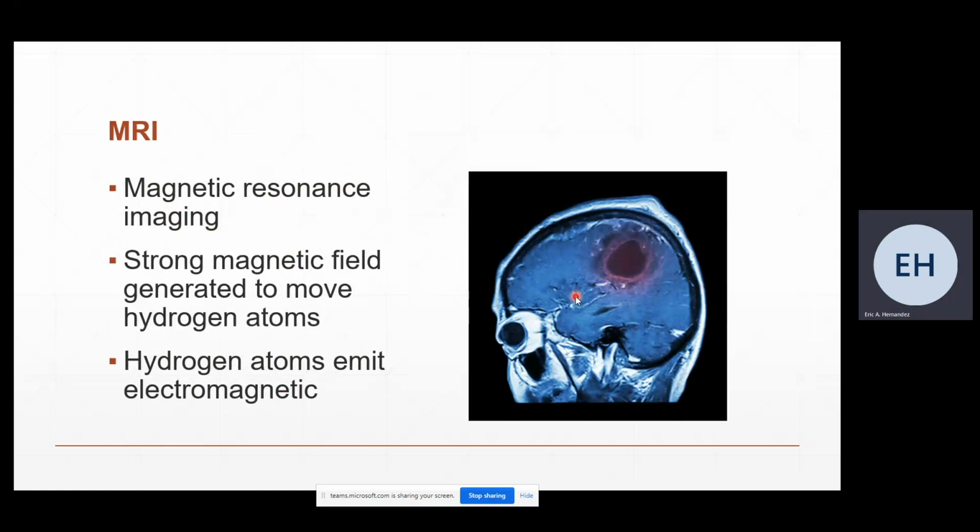This tumor looks like it's in that parietal lobe, and it could be in that somatosensory cortex. So this person could be experiencing a whole slew of issues. It could even be digging into that temporal lobe. So you can see that we're able to find tumors and pretty much any irregular abnormality.